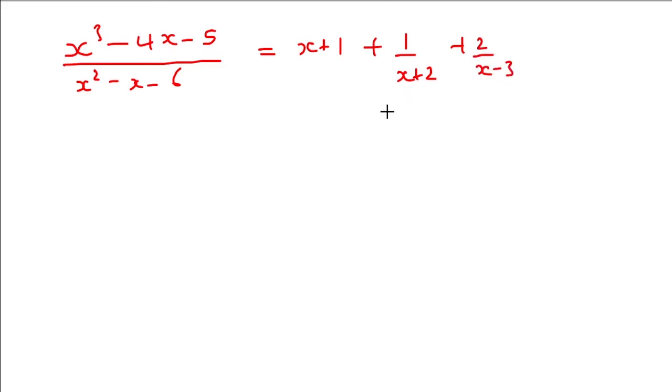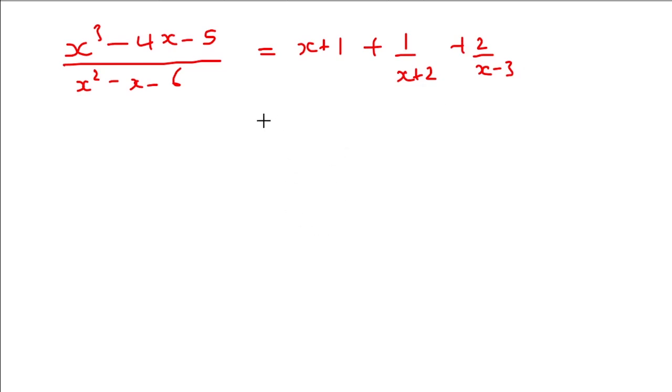And this is the answer. Remember this one, the 1 over x plus 2 plus 2 over x minus 3 is representing the other fraction that we got after long division.